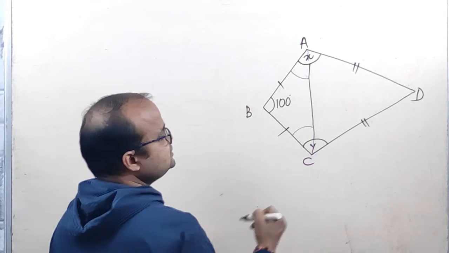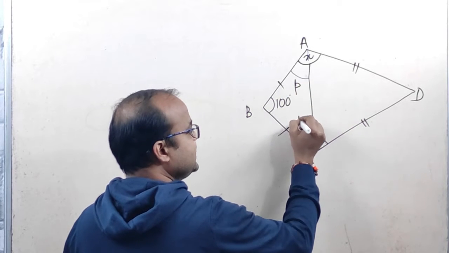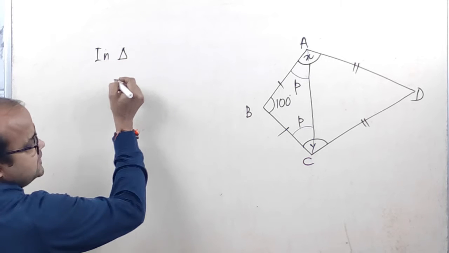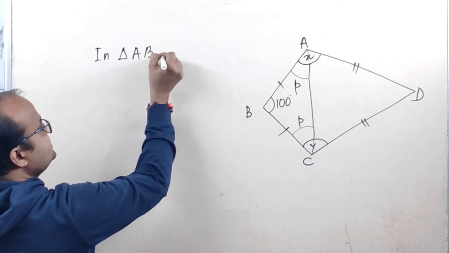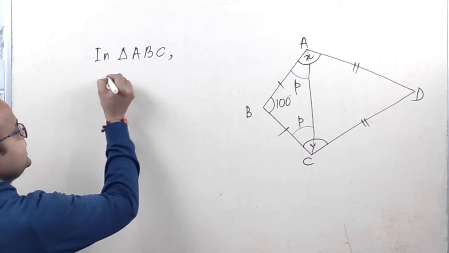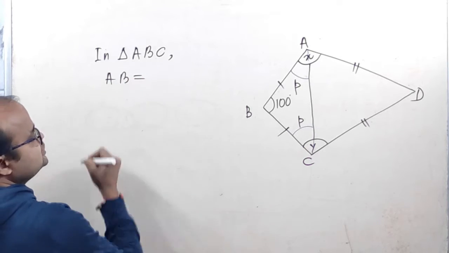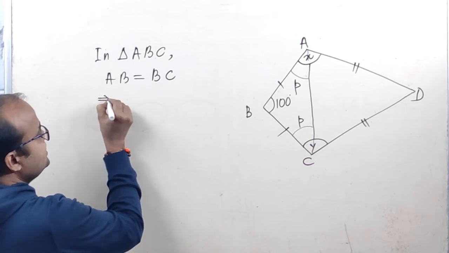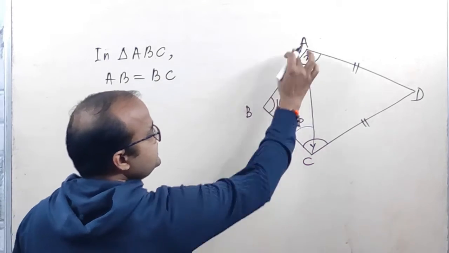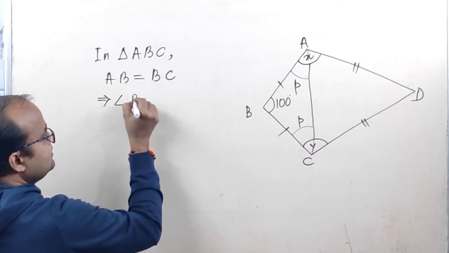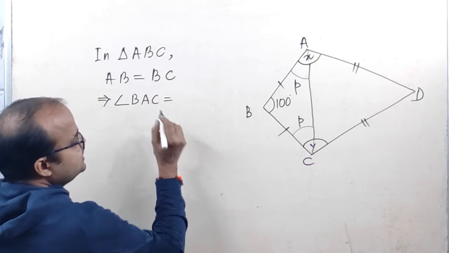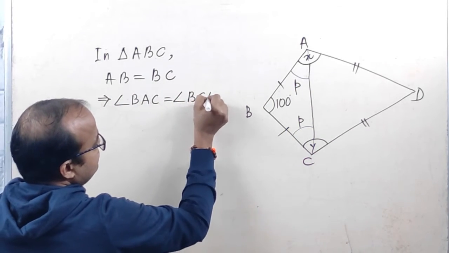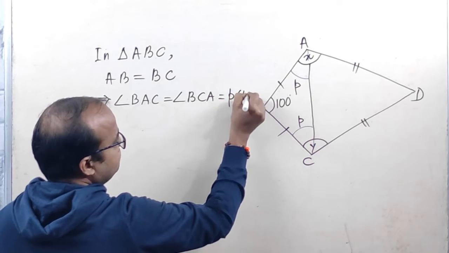So suppose these two angles are P and P. So we write in triangle ABC, AB equals to BC, it implies angle BAC equals to angle BCA equals to P. Let.